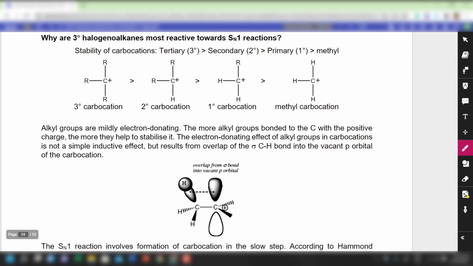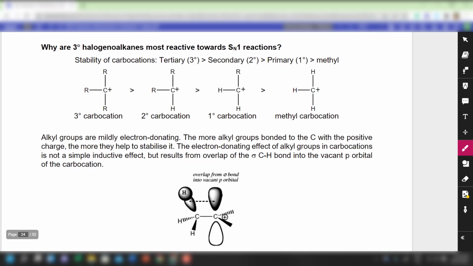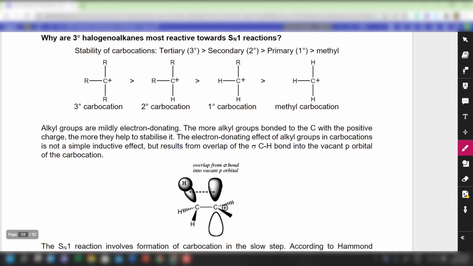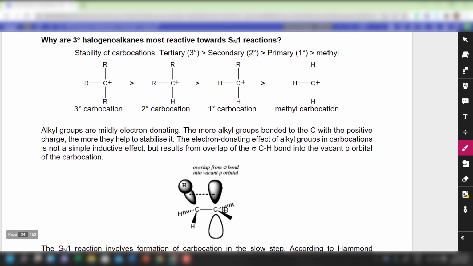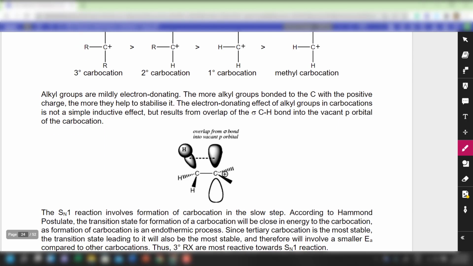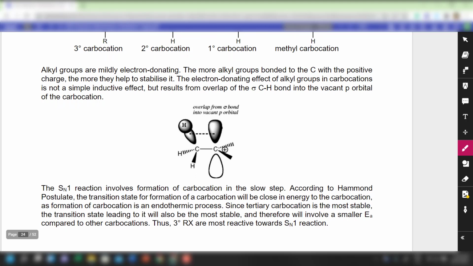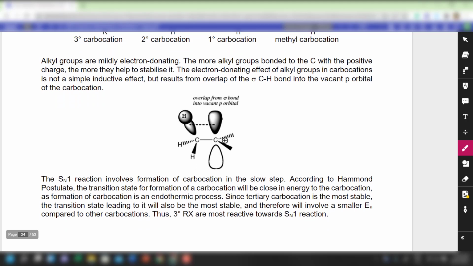C=C pi bond. And then of course, carbocation over here: why is it that a tertiary carbocation is more stable as compared to secondary? We also learn about the Hammond postulate. This stabilization effect, if you wish to know, is known as hyperconjugation.